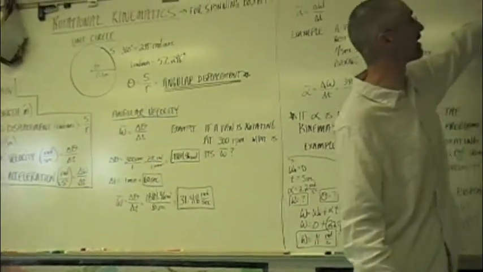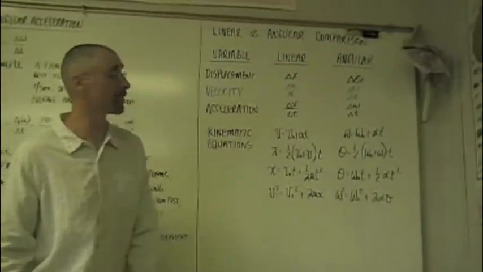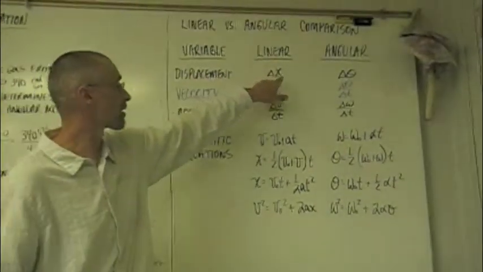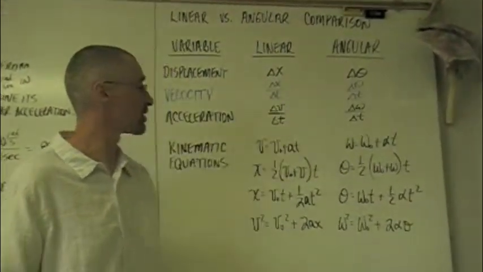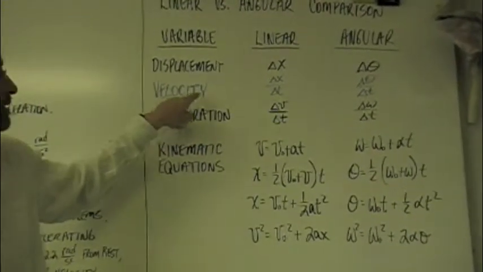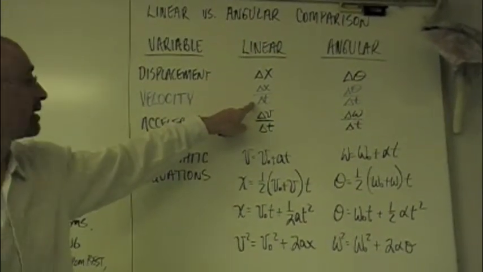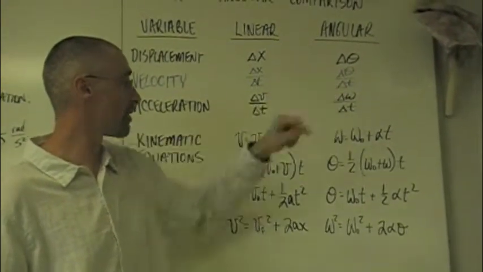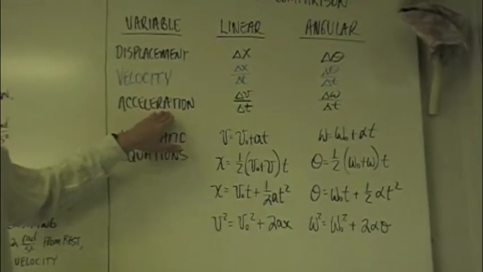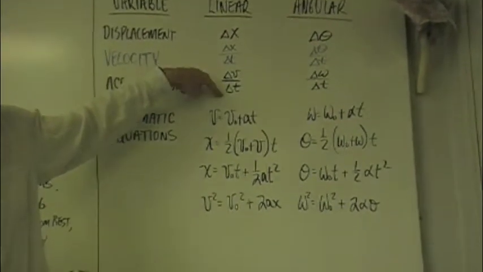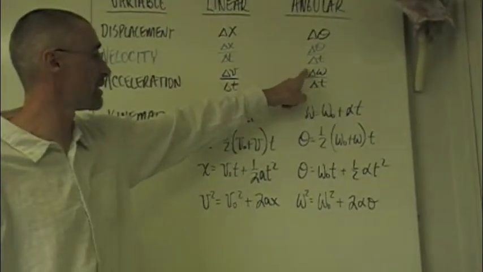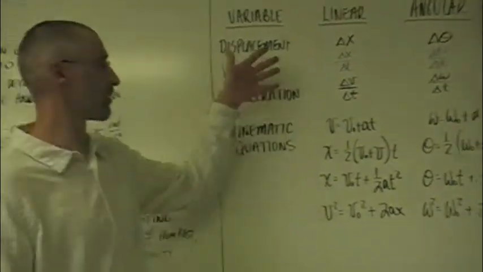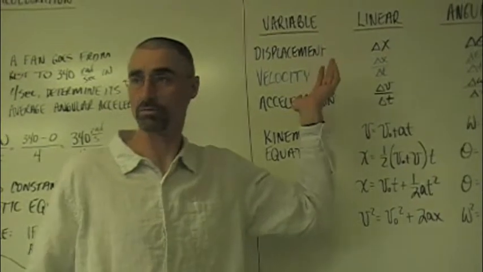If we're comparing the linear and angular variables, for displacement, linear, we're changing x; angular, we've got change in theta. Velocity, we're changing x over change in time; angular, it's delta theta over delta time. Acceleration, delta v over delta t. That's easy stuff. Here it's delta omega over delta t. Guys, those are total direct correlations.